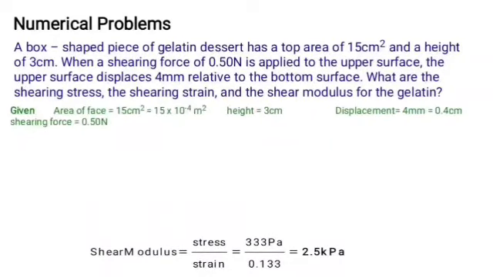The given things are: top area is given as 15 centimeter square, which is nothing but 15 into 10 power minus 4 meter square. Height is given as 3 centimeter.